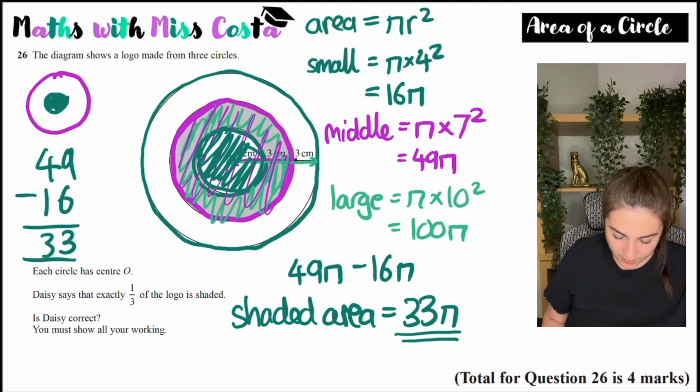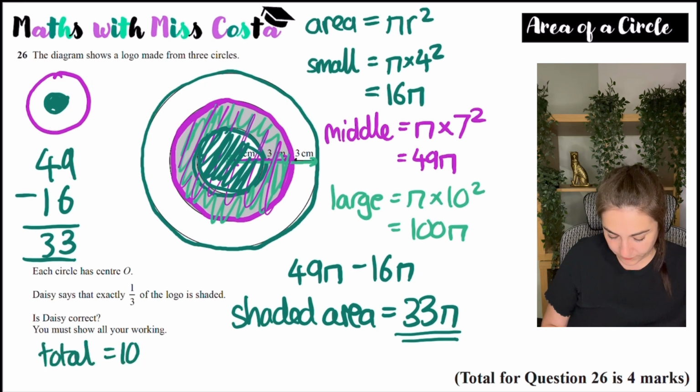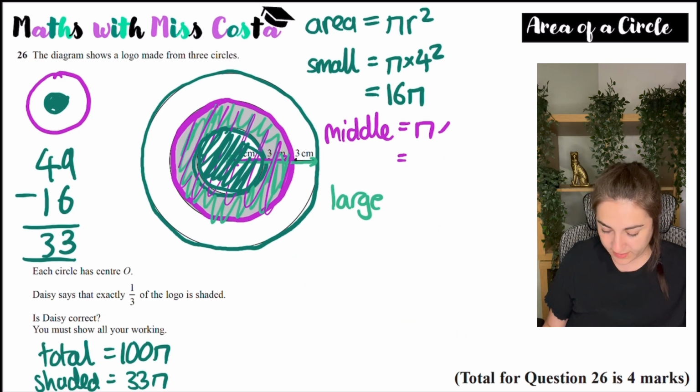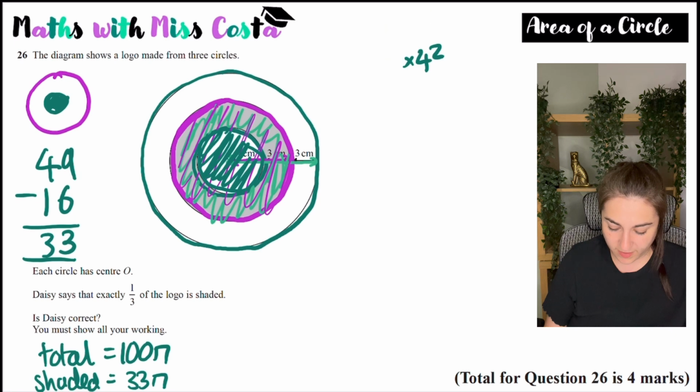She says exactly 1/3 of the logo is shaded, so the total area of the logo is 100 pi. The shaded area is 33 pi. So essentially what I need to do is see whether 33 pi over 100 pi is equal to 1/3.